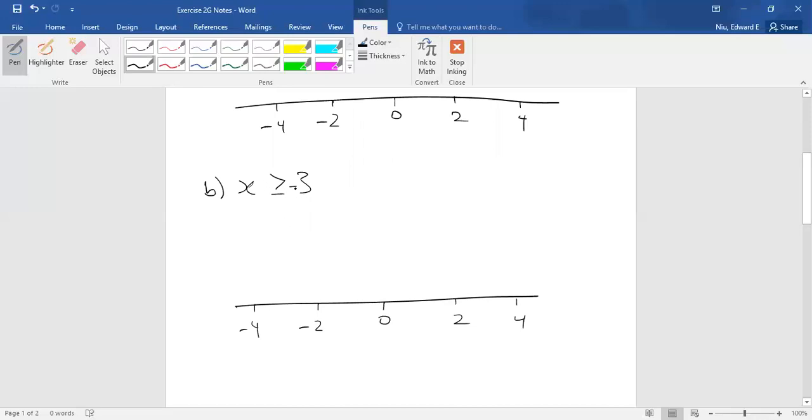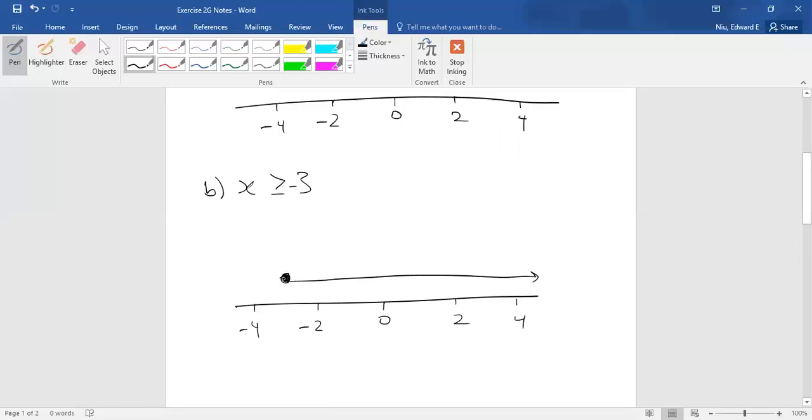X is greater than -3. So what numbers are larger than -3? Well, you have -2, 0, 4, 5. All the numbers to the right of -3 are larger than -3. And because it's got the equal sign, so greater than or equal to, what we do here is we would do a solid circle.